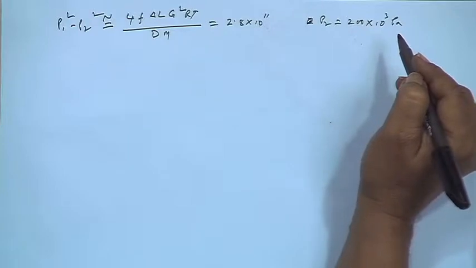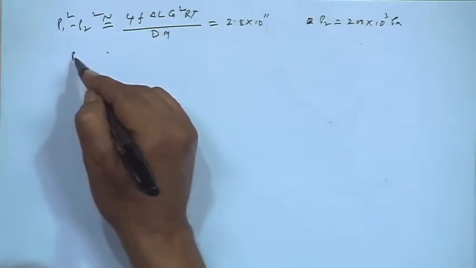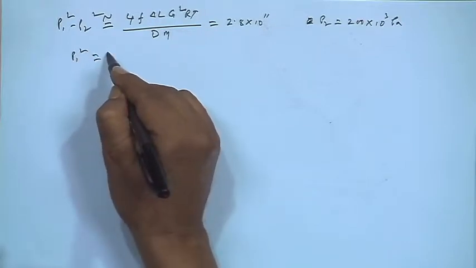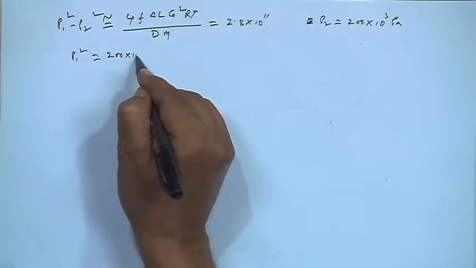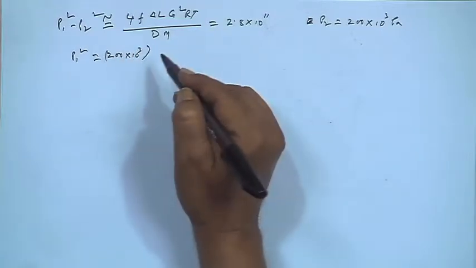So if we substitute this, we can write P1 square is equal to 200 into 10 to the power 3 square, right?